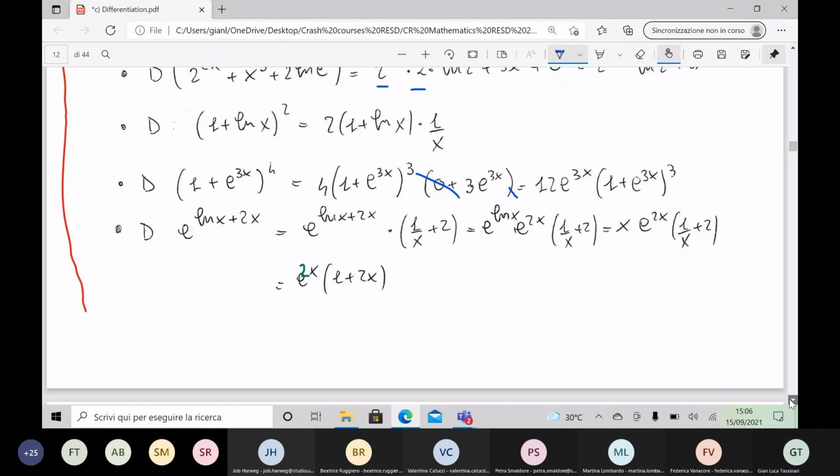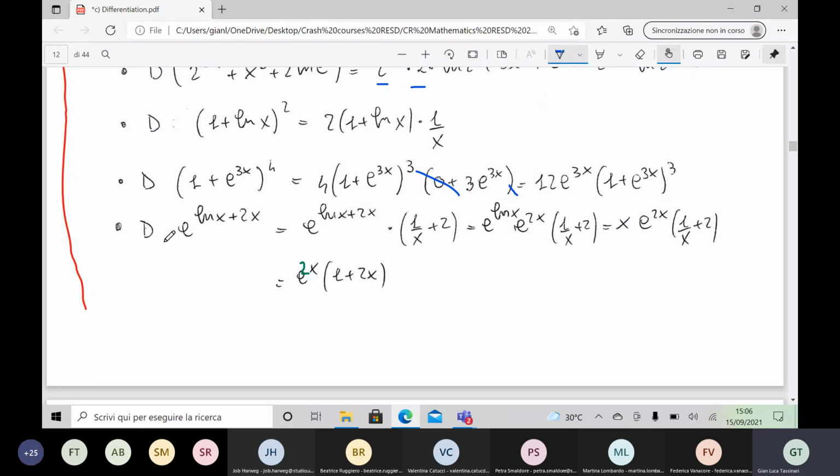Now, look at this function, the derivative of e to the power ln of x plus 2x. Which kind of function is this one? You have e raised to the power f of x. So we are again in case B, in particular this was called BS, okay. Which is the derivative of e to the power f of x?